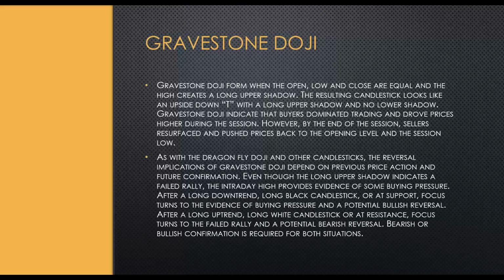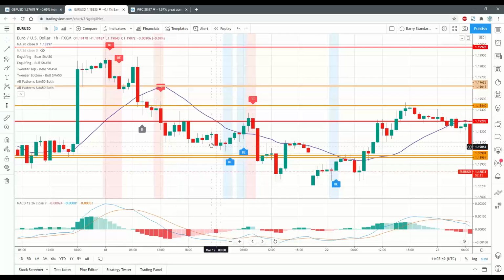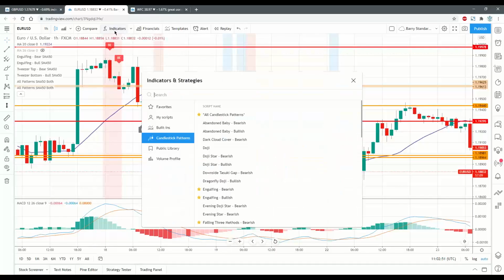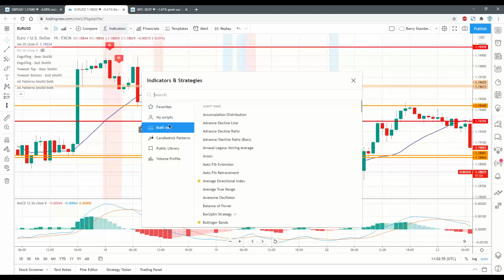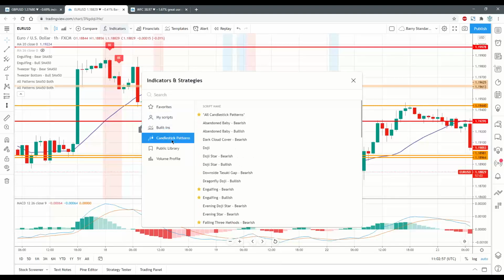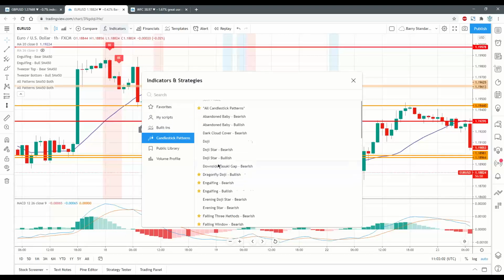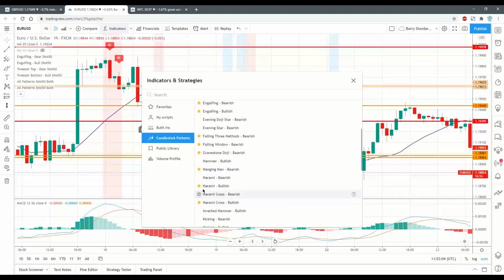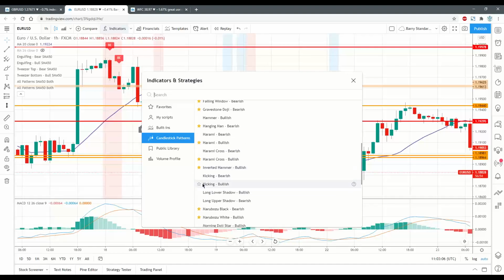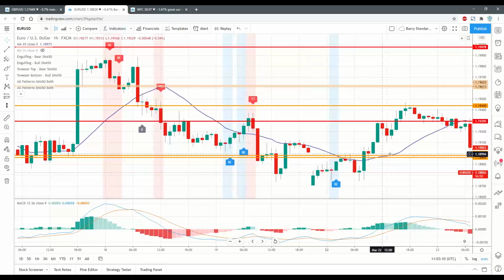But today, because of our incredible computerized charts, if I want to look for all of these weird things like the dragonfly doji and the Hammurabi cross and the inverted hammer, I just tell the computer to look for them itself, because computers can do it as well as I can, and it's going to put it right on my chart as it appears.